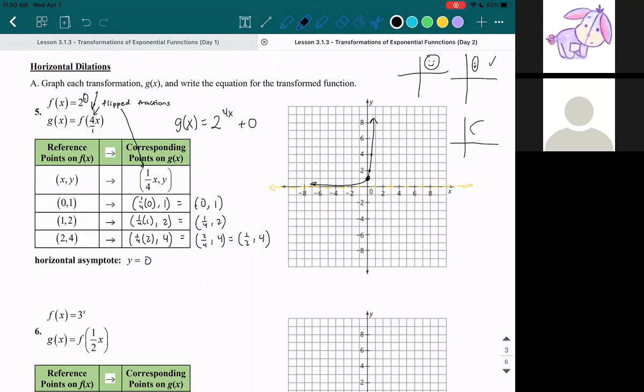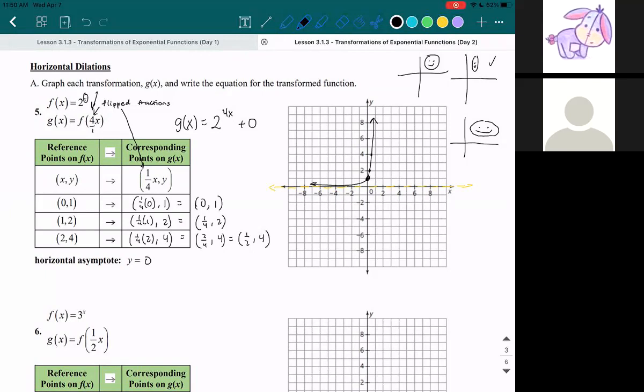But notice that the height stays the same. The height stays the same for horizontal dilations because the height is the y value. The y value is going to stay the same when you're doing horizontal dilations because when you do horizontal anything, you are just changing the x. Okay, so this is like where you pull it in the x direction. So you stretch it wider or compress it to be less wide.